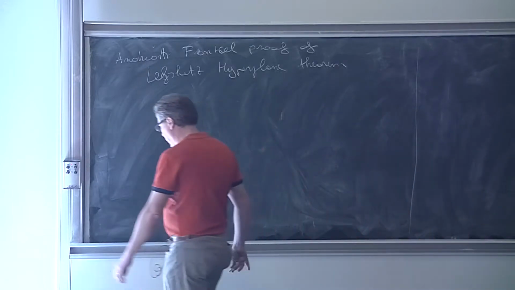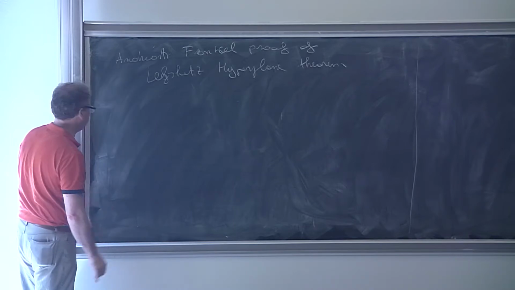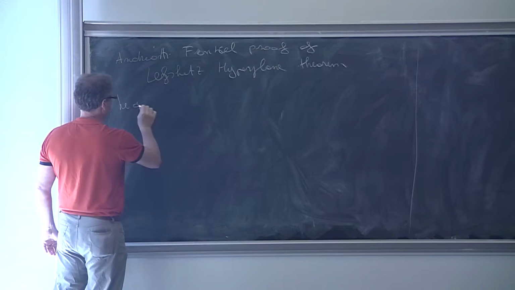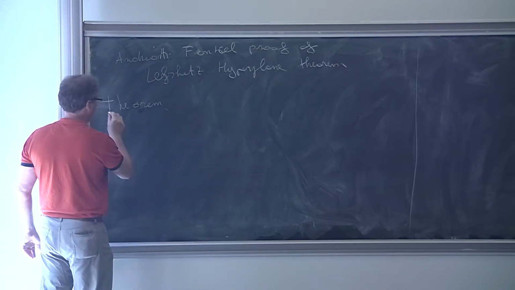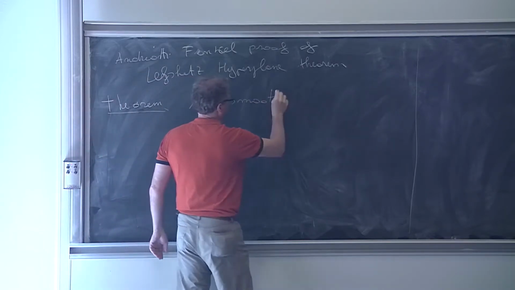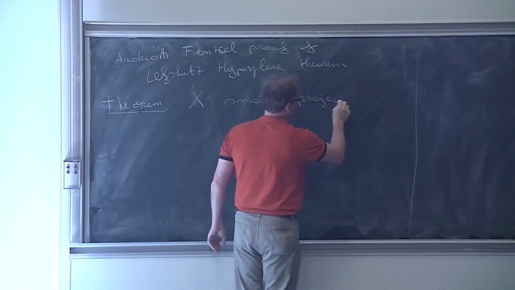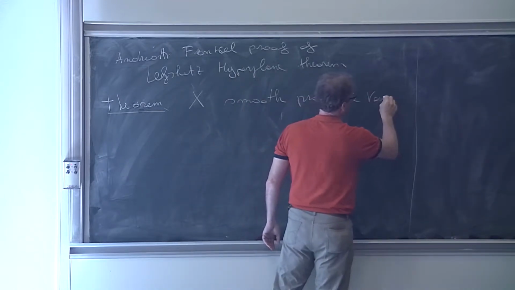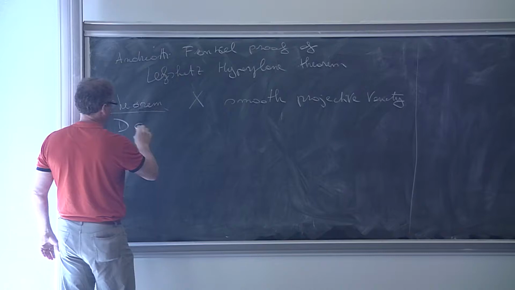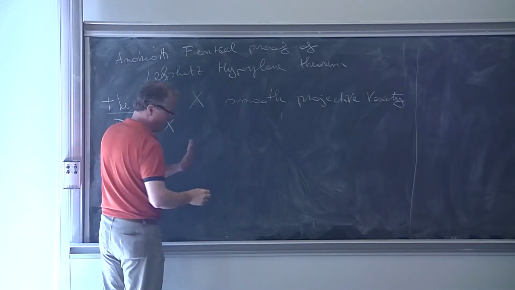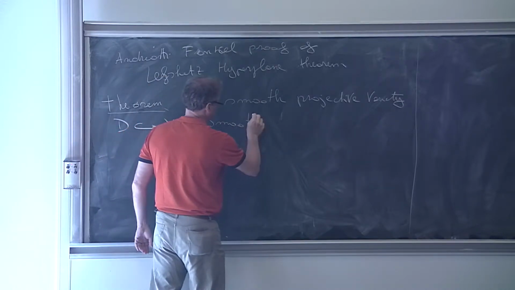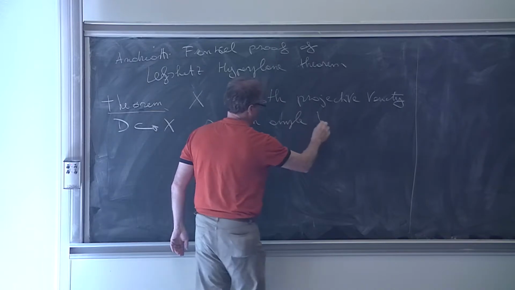So the theorem I want to state is this. We take X a smooth projective variety, and D inside X, and to simplify my life I will say a smooth ample divisor.